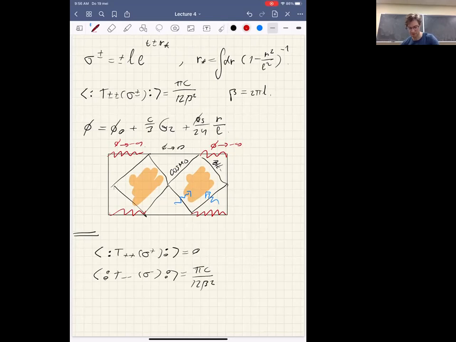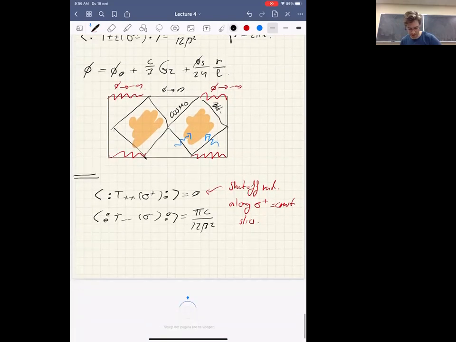What this means is that setting this component of the stress tensor to 0 shuts off radiation along the sigma plus constant slice. By shutting off, what we have in mind is that there's really an observer collecting radiation, and we will use that observer to compute the von Neumann entropy.